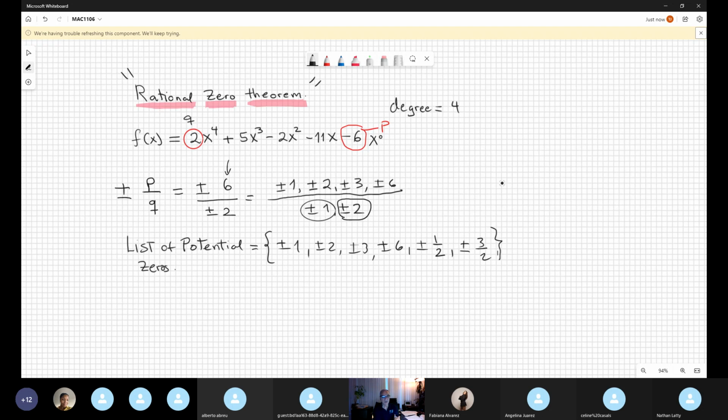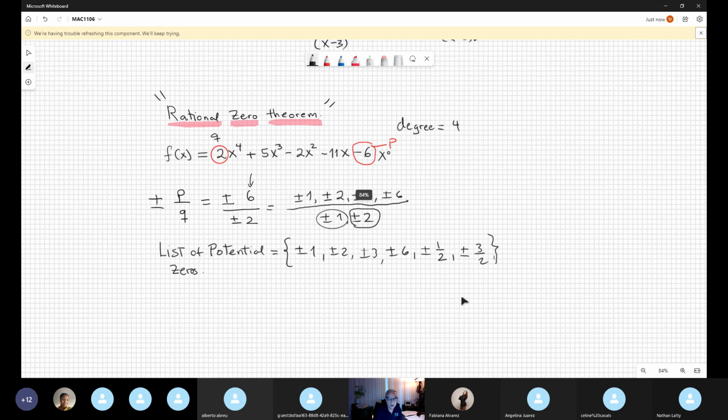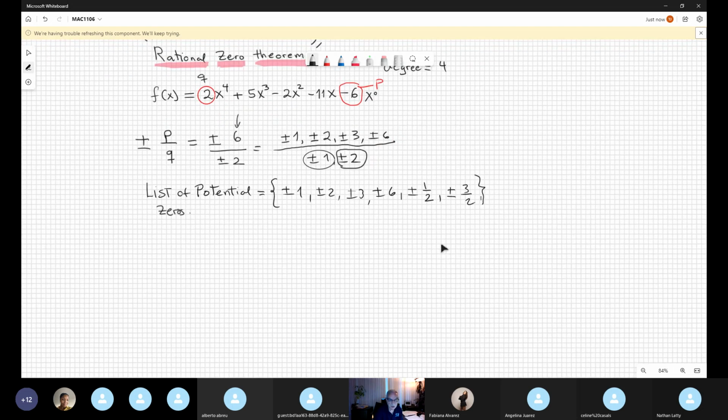And Q is the leading coefficient, which is the coefficient of the monomial that has the higher degree. And you form all possibilities of this. Now, the problem is, well, let's try to factor this, but using this new idea that we studied, synthetic division.